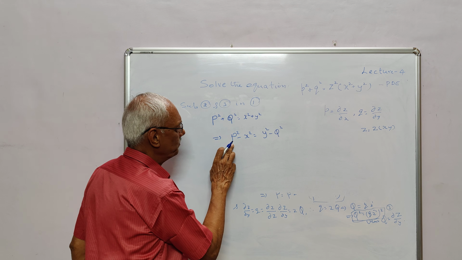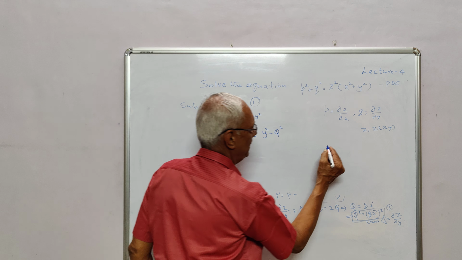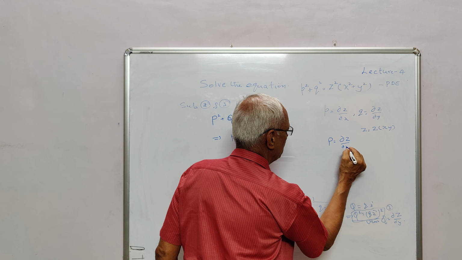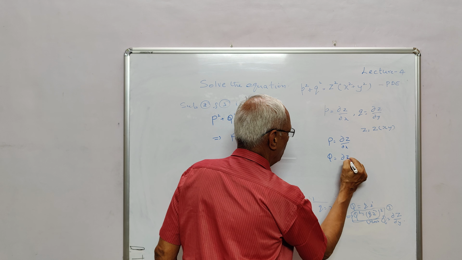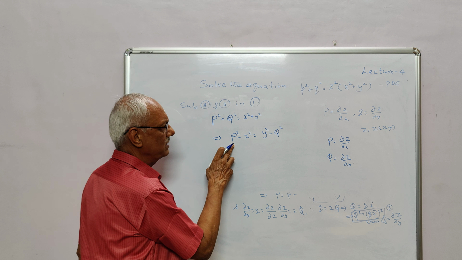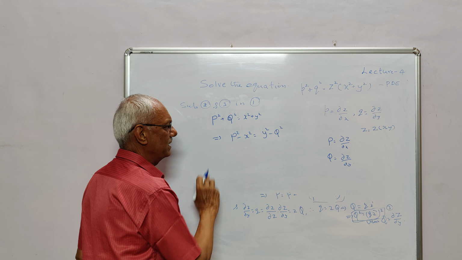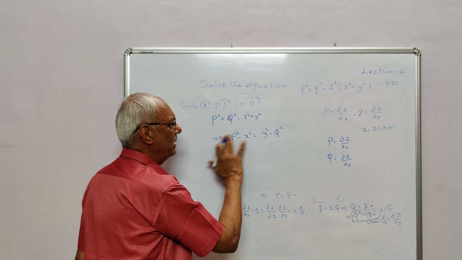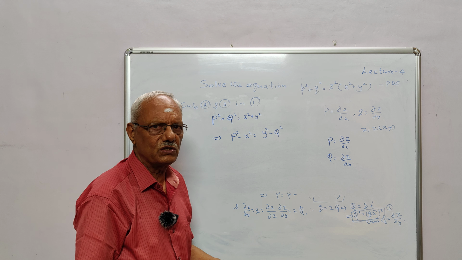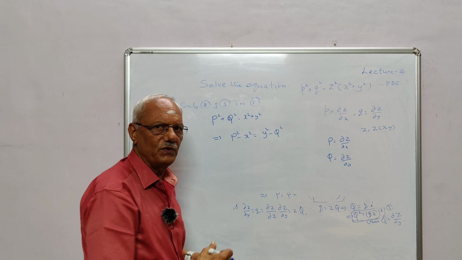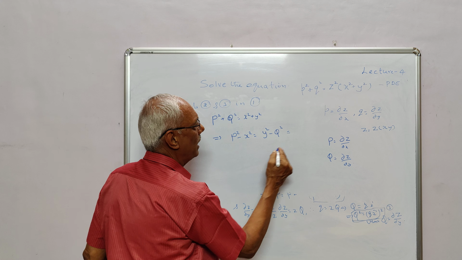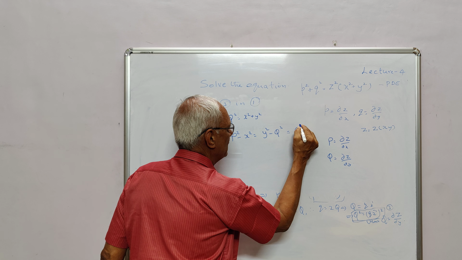Now you must know that P is dou Z by dou X, P is equal to dou capital Z by dou X, and Q is equal to dou capital Z by dou Y. Now you see that this is P square minus X square, whereas these two are independent of each other, but they are equal to each other. This can happen only when I can take each equal to A square.